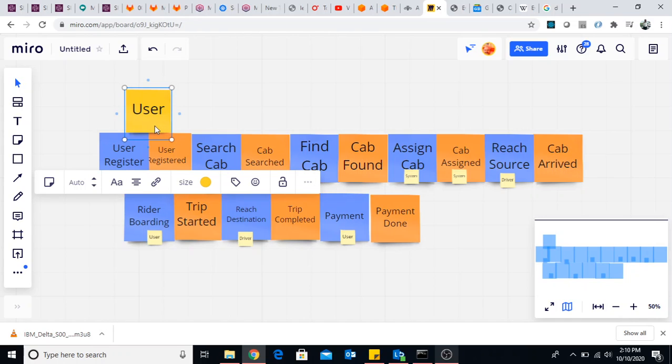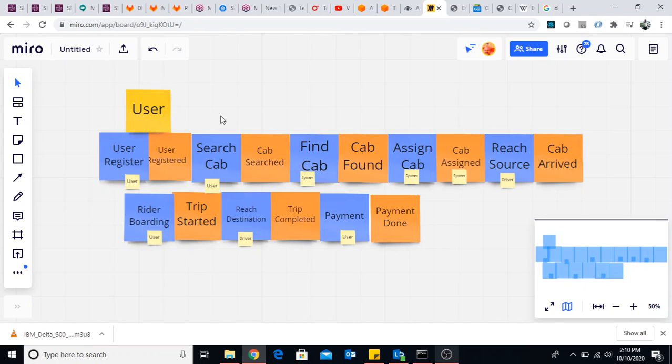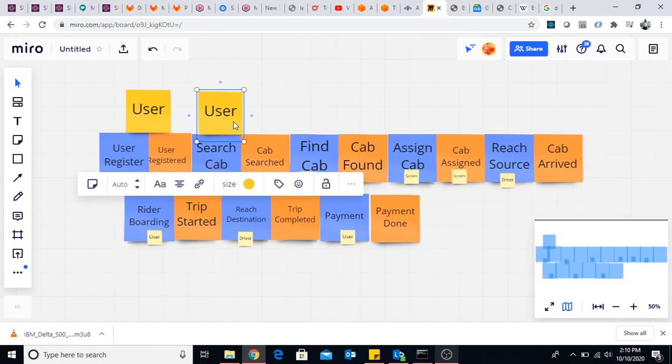Now when you are searching for a cab, user is searching for a cab. So when cab is getting searched, what will be the aggregate? What will be the aggregate, my dear friend? Which will get impacted through this particular command, search cab.